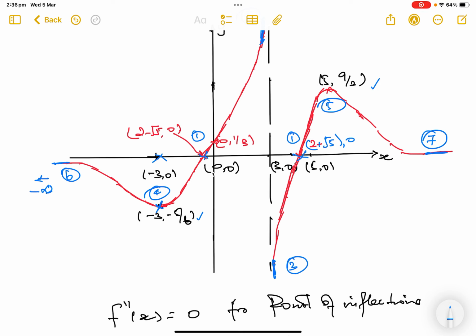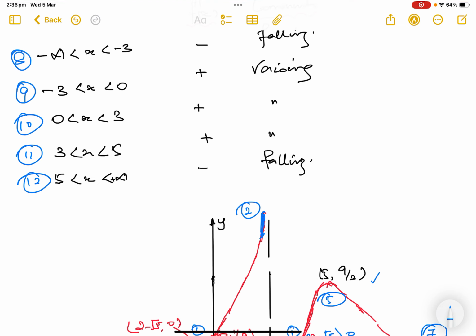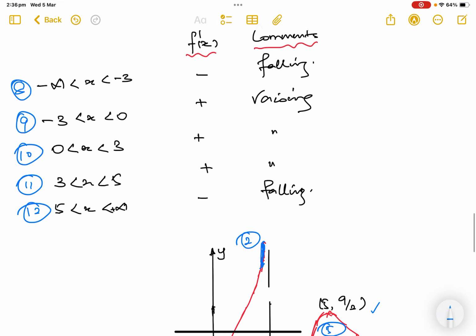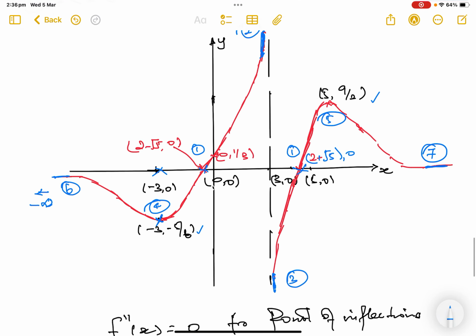Number 8 is between minus 3 and minus infinity, which is falling. So we know this point, we know this point. Therefore, the graph is falling. Just look at the blue only. So that is 8, done.